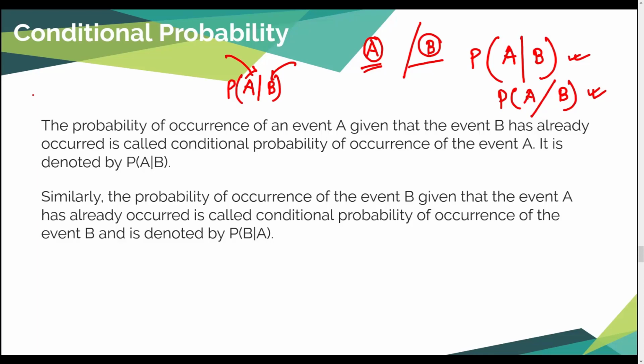So that is conditional probability of A. Similarly, if you change the rule, that means if you are interested in the occurrence of the event B given that event A has already occurred, then it is called conditional probability of occurrence of event B, and we will denote it by P(B|A), right? P(B|A) will give you the probability of B given that event A has already occurred.